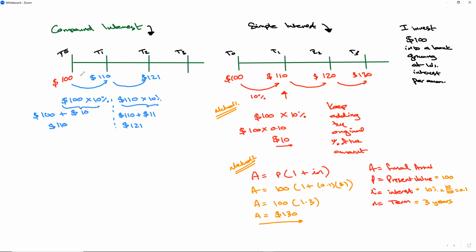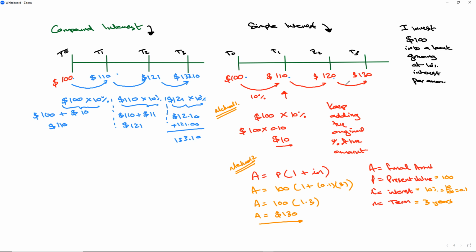And you can already see the difference. These two are the same, but then all of a sudden now it's changed. It's $1 more. And so to go to the third year, we take the increased amount of $121 and we increase it by another 10%. So remember, 10% of 121 is $12.1. And then we add that back onto the $121, which comes to $133.1, or 10 cents.